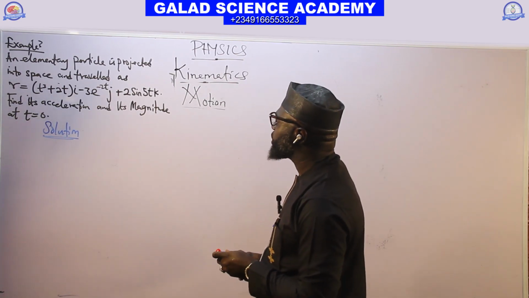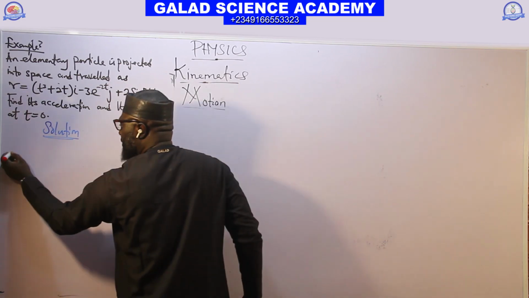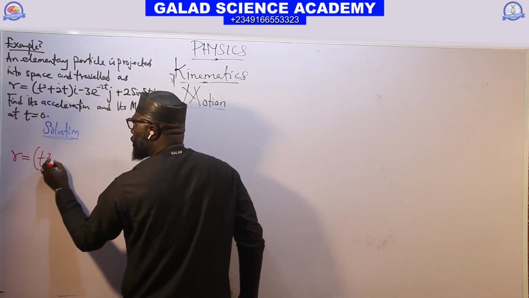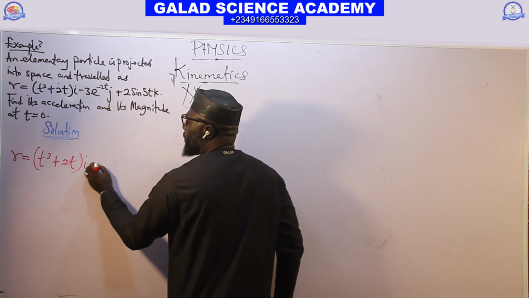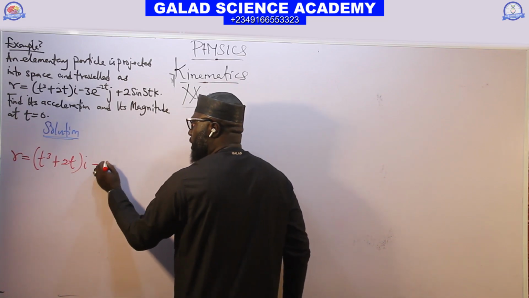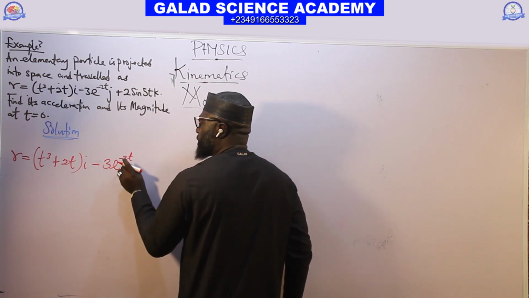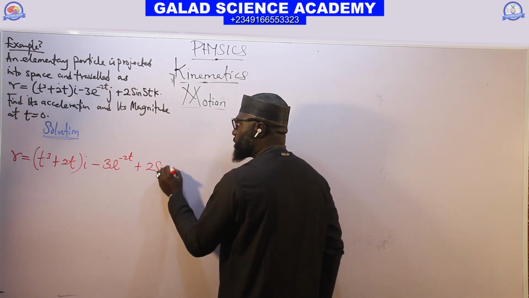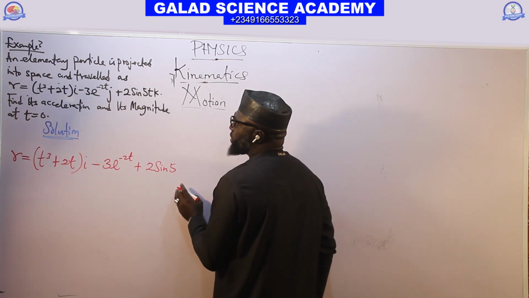An elementary particle is projected into space and travels; we are given that our r is t cubed plus 2t i minus 3e to the power of 2 minus plus 2 sine 5 tk.